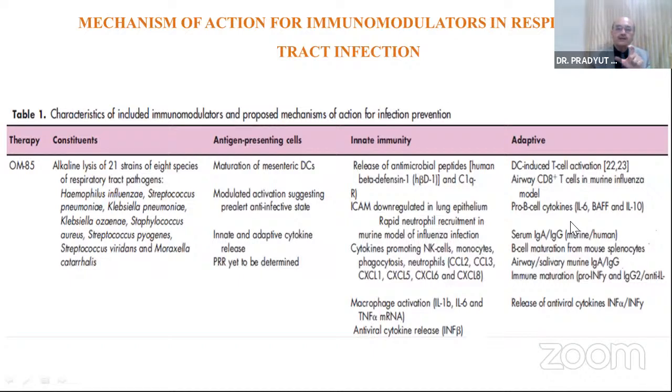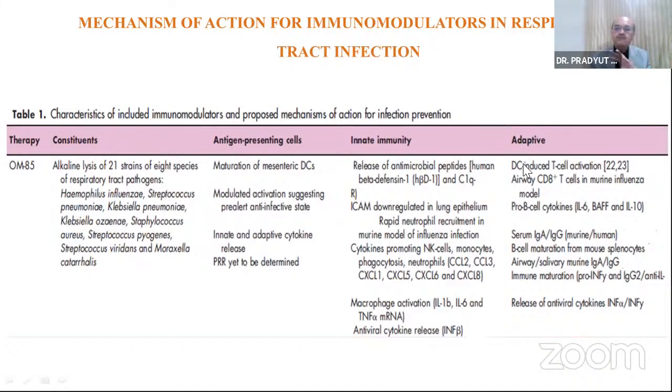Number two, it results in a rapid neutrophil recruitment whenever there is any viral infection and helps in containing the infection. It promotes certain cytokines which stimulate the NK cells, that's the natural killer cells, monocytes, phagocytosis, and neutrophils. It also causes macrophage activation and releases interferon beta, which is a strong antiviral cytokine.